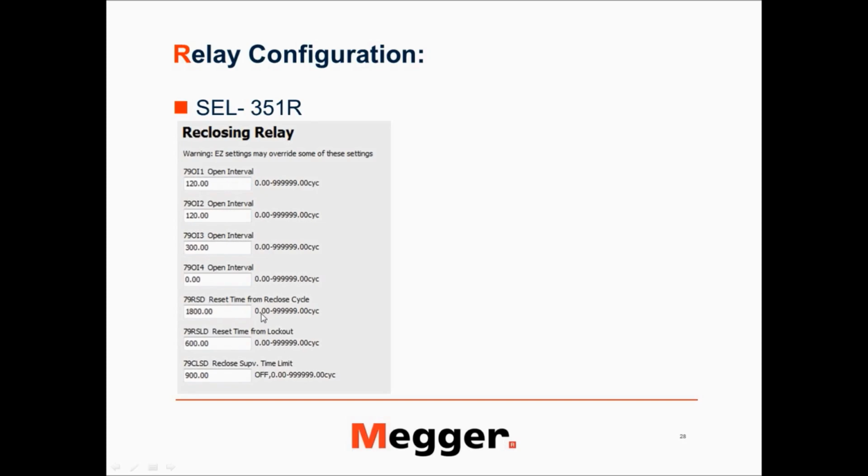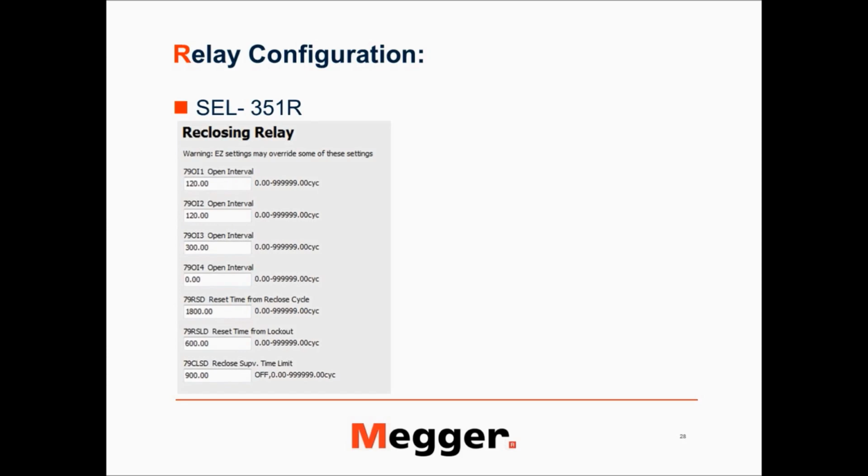So the 79 RSD means reset time from Reclose. I'm going through the shots one by one, and right now my recloser has issued 2 shots already. After the second shot, suddenly there was a semi-permanent fault in the system and the fault cleared. So the system is coming back to normal. So I don't need to go for a trip.